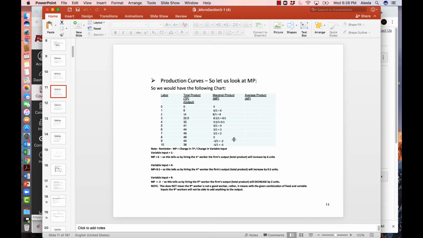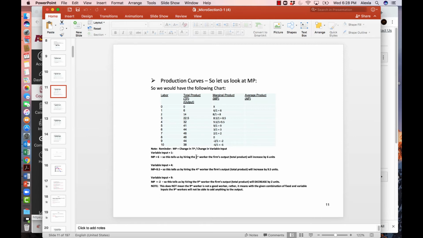Think about it: if you only have 1 person working on a farm with 500 acres, that's a lot of land for one person to deal with. As you hire more people, the extra output increases because that combination of people with these fixed inputs makes more sense. Having more people working this huge number of acres, you're going to get more production. But then there comes a point, down here, where we hire the ninth worker, and it actually leads to a negative.